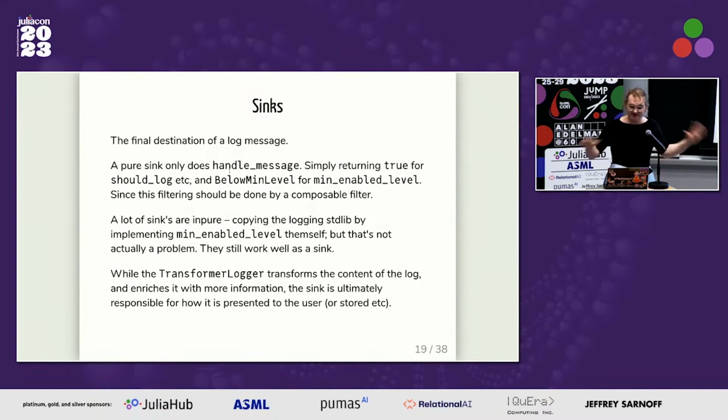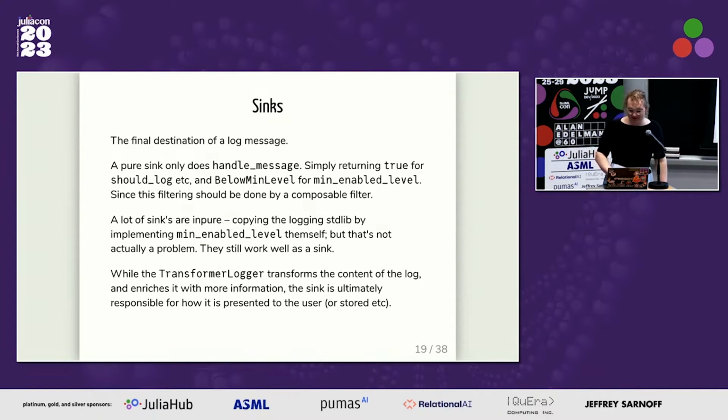It's pure. It just does the handling of the message, because we want to use compositionality to do all the other filtering. Basically, all of the syncs in the wild, give or take a few, are impure, but that's completely fine because we just set them to have very accepting settings, and it still works fine.